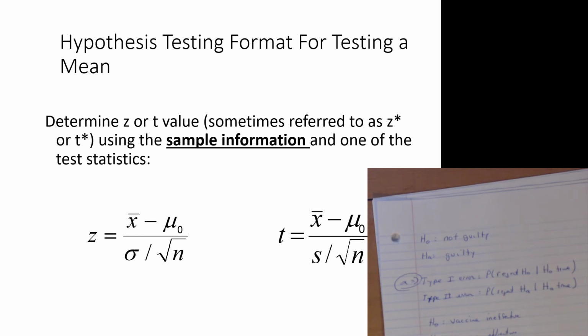Saw that before, worked with that a lot. T has the same structure. The only difference is it follows a T distribution, while Z follows a Z, or normal, distribution. So very similar formulas, easy peasy. There's our test statistic, which we will use to find the p-value.